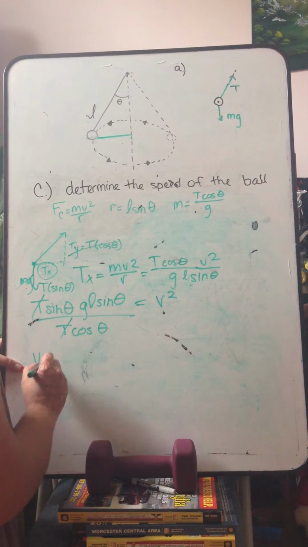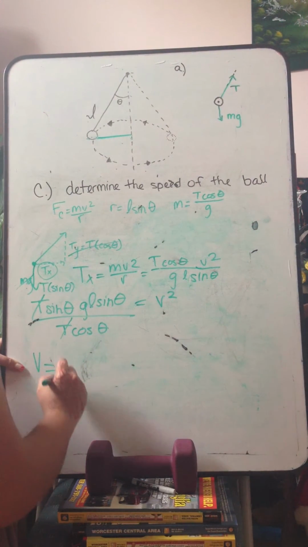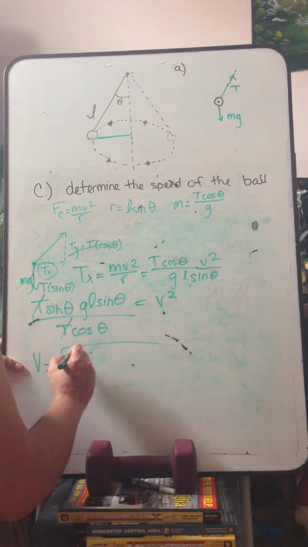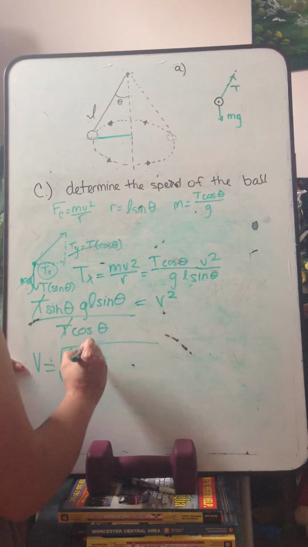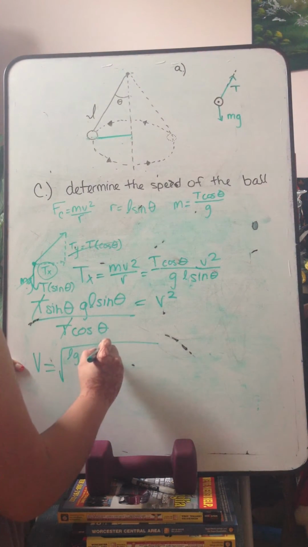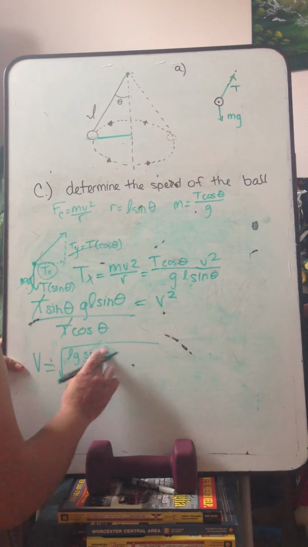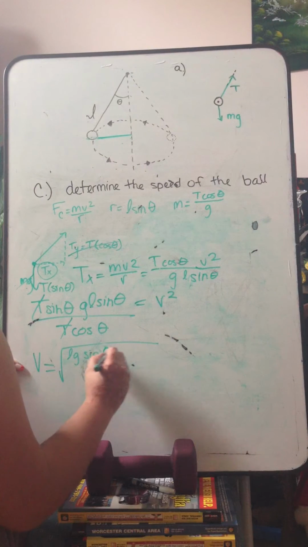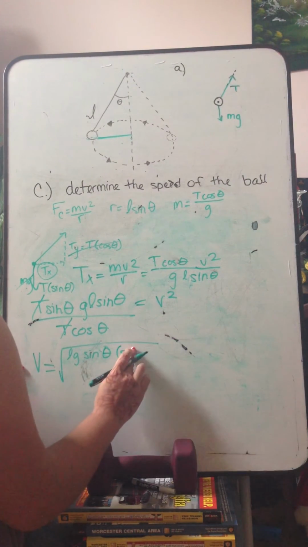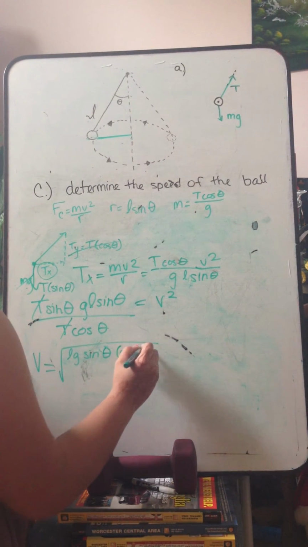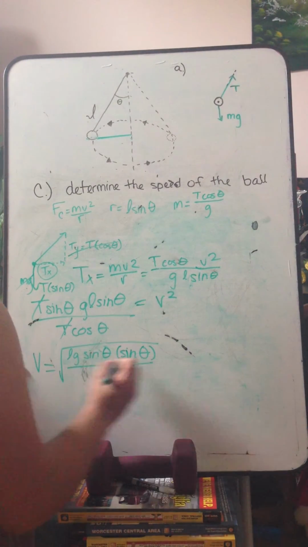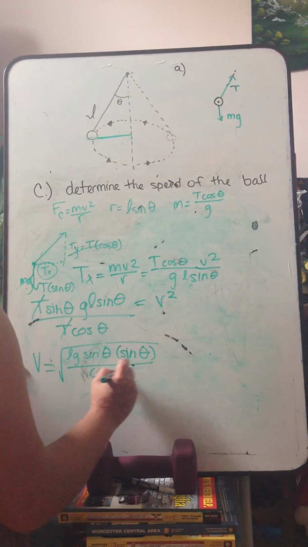And v is going to ultimately equal the square root of L g sine squared theta. Actually, I'm going to write it out twice, you'll see why later: sine theta times sine theta, all over cosine theta.